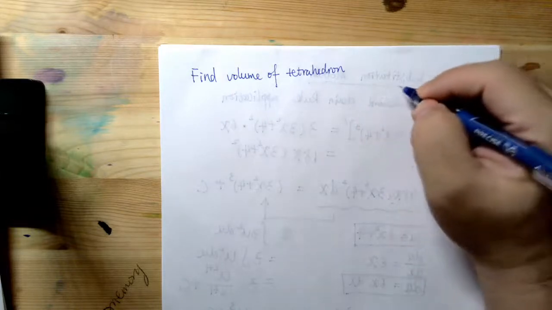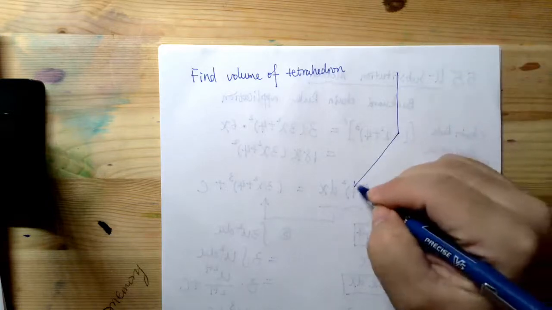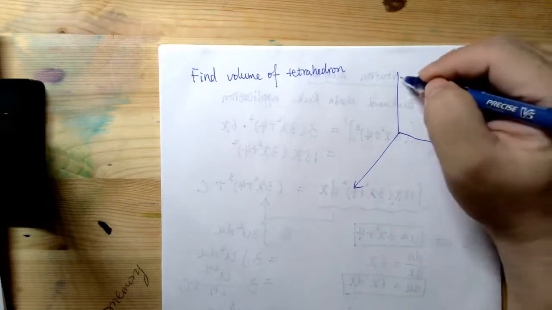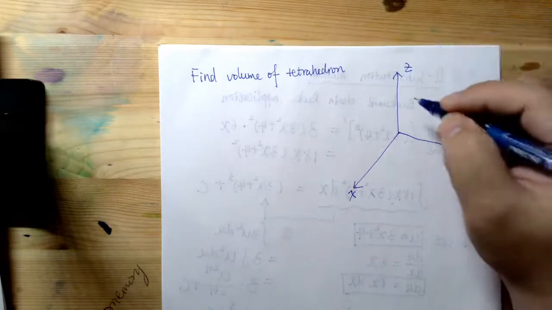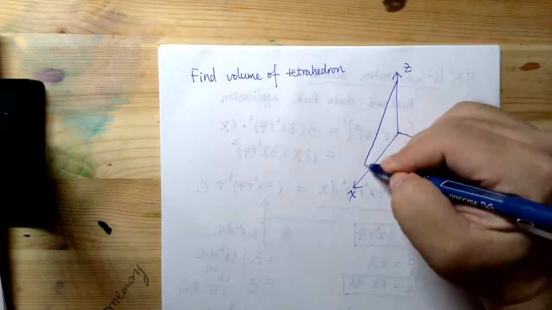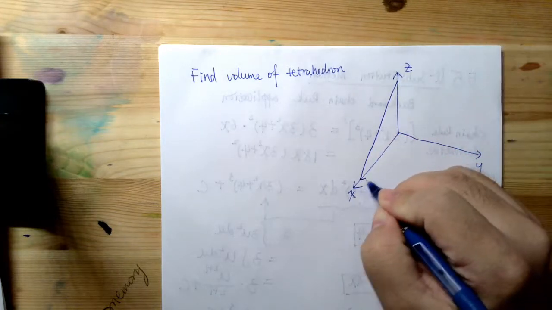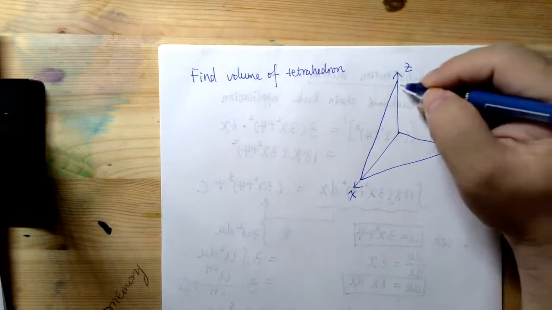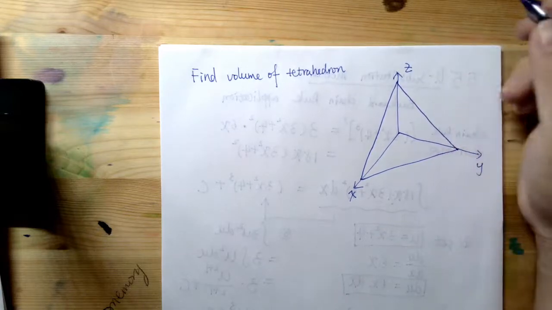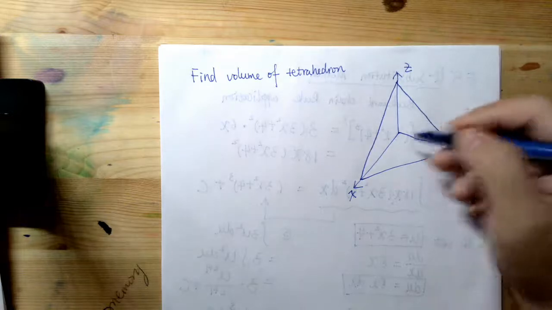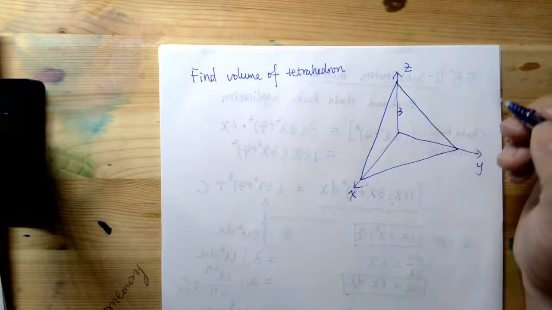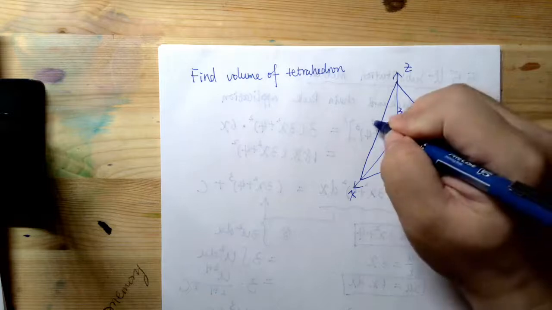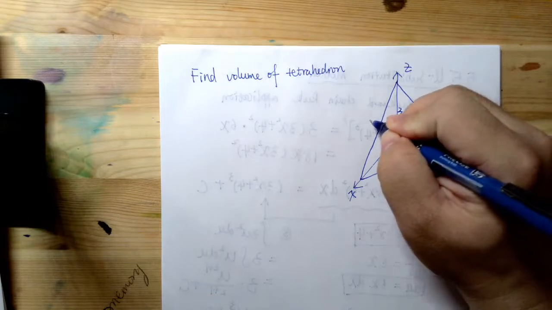For example, if we have a tetrahedron like this, and if we assign some values here, this is 3, this is 4, maybe this hypotenuse is 5.